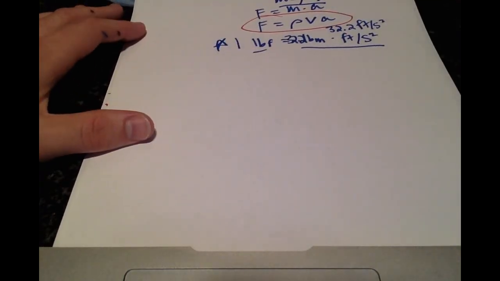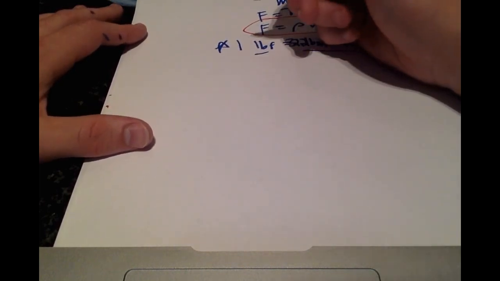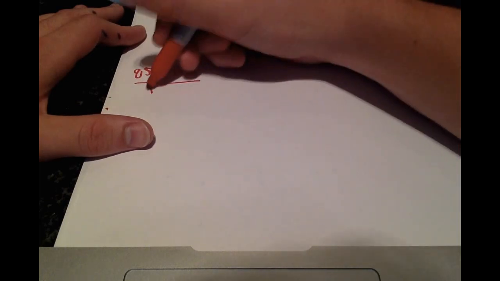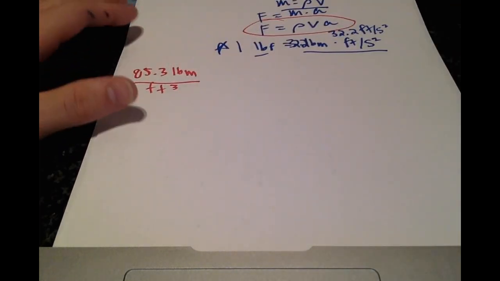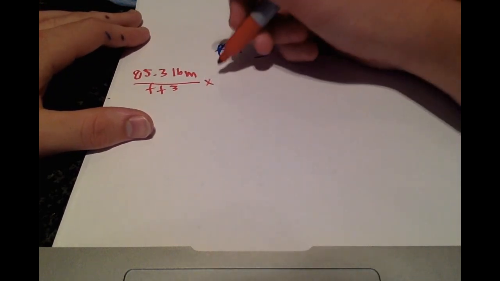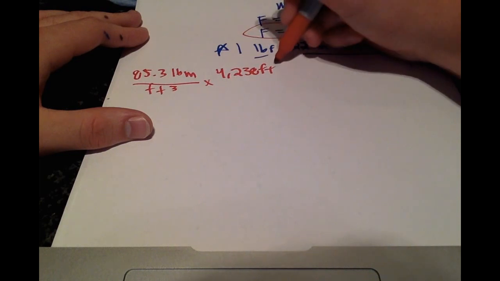So the density we're given is 85.3 pound mass over feet cubed. And we want to multiply that by the volume that we got above, 4,238 feet cubed.